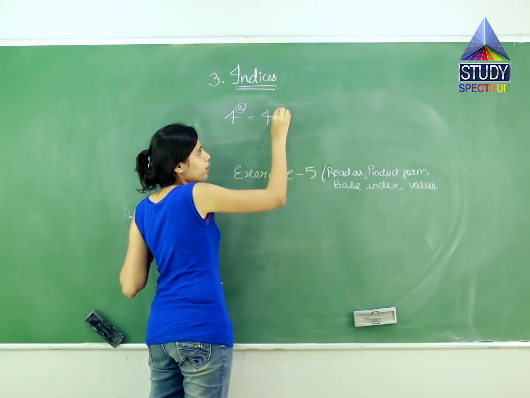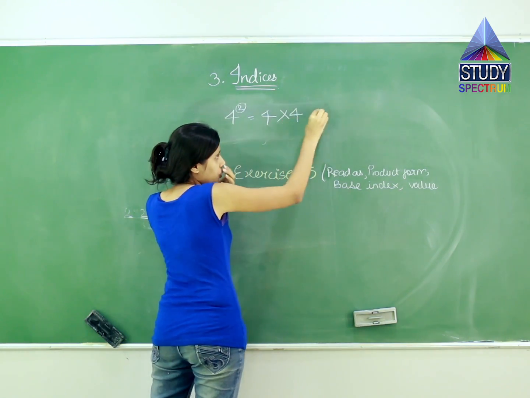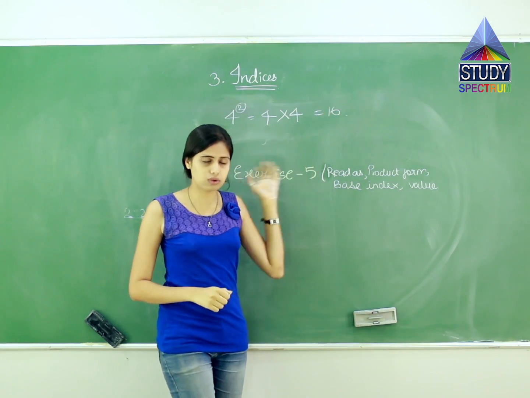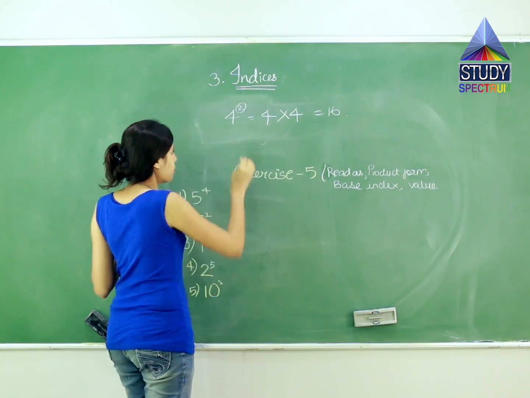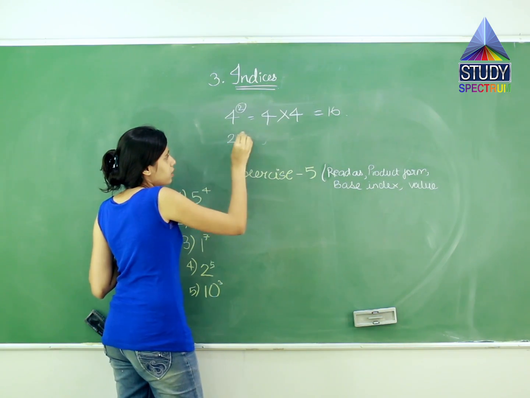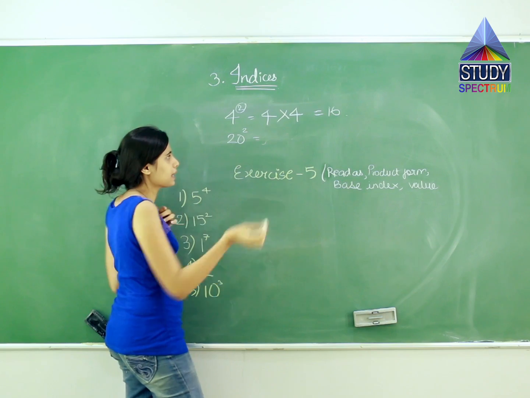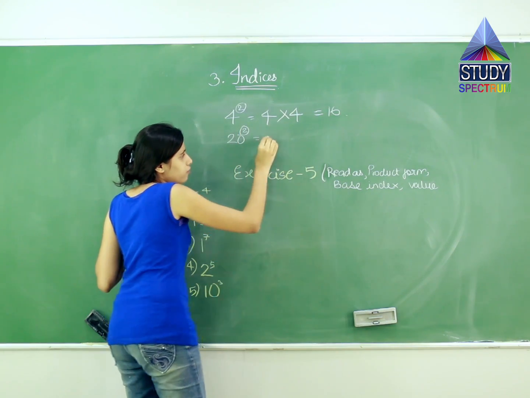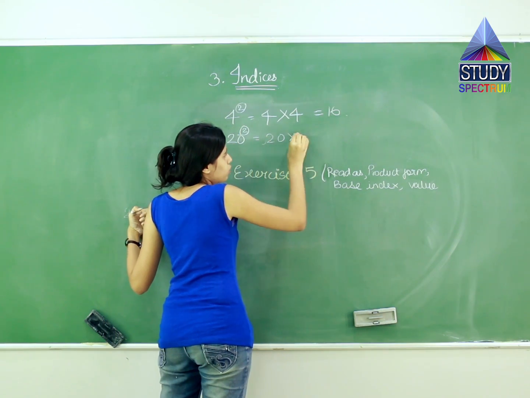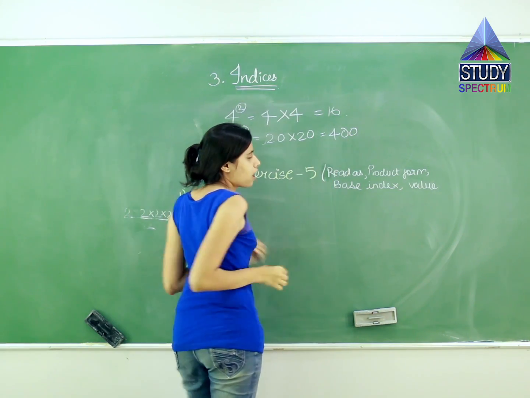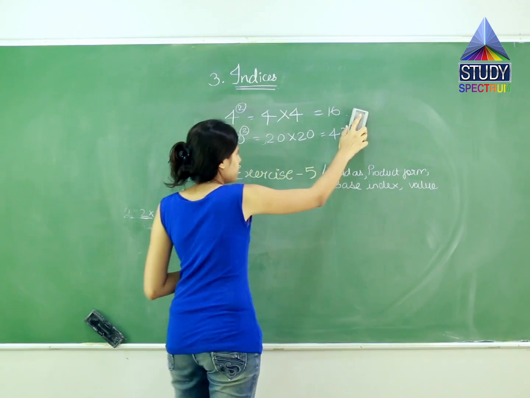We wrote 4 into 4, and the answer as 16. The same we have to do here. For example, 20 raised to 2 means 20 into 20, because over here we have 2, which comes to 400.